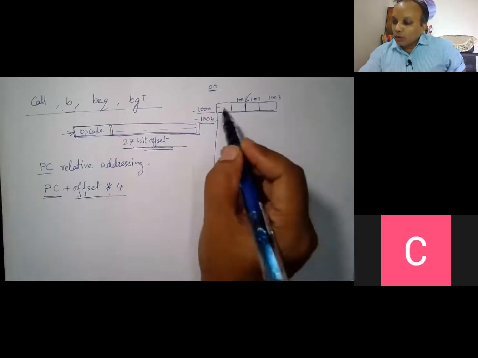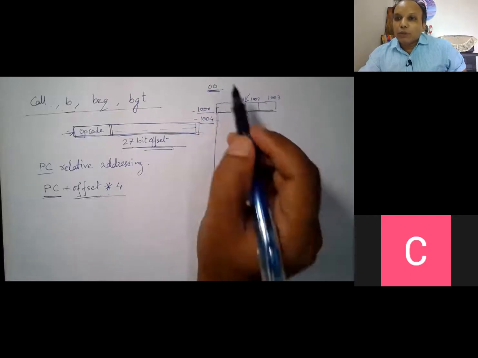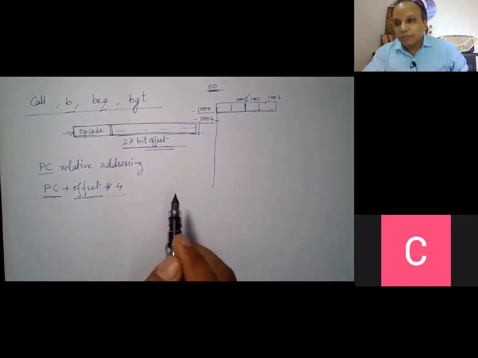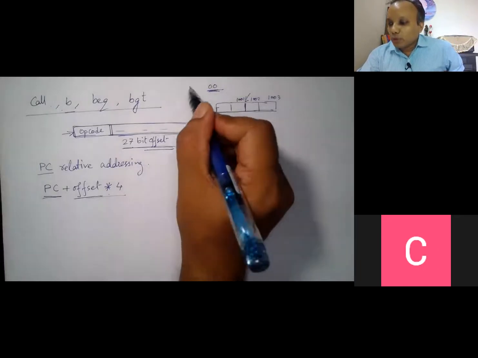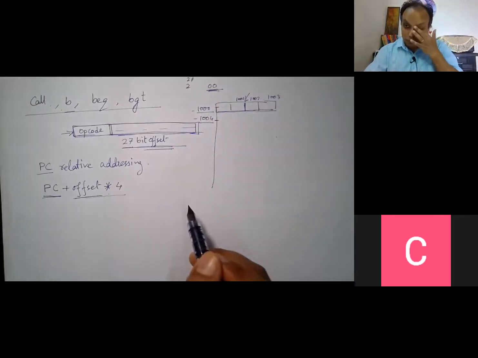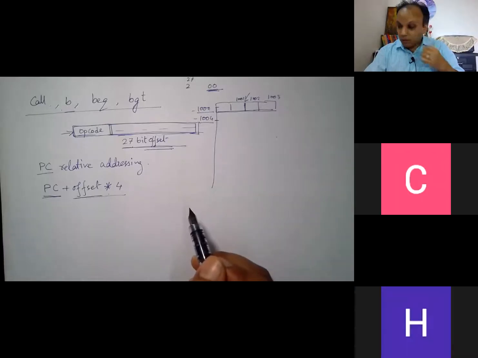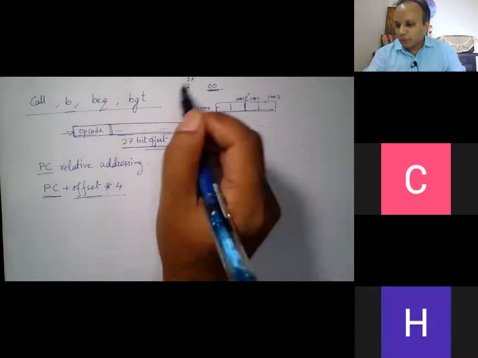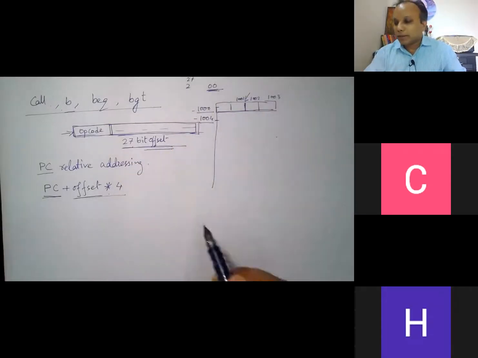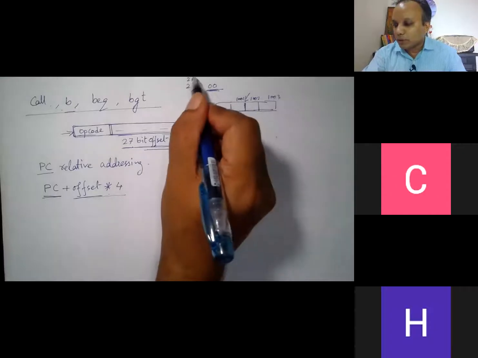If this was not the case, with 27 bits, how many different addresses can I point to uniquely? I can point to 2 to the power 27 different locations, right? Now I'm ignoring the sign bit. You can be more precise and add the sign bit, and make it 2 to the power 26 and so on.